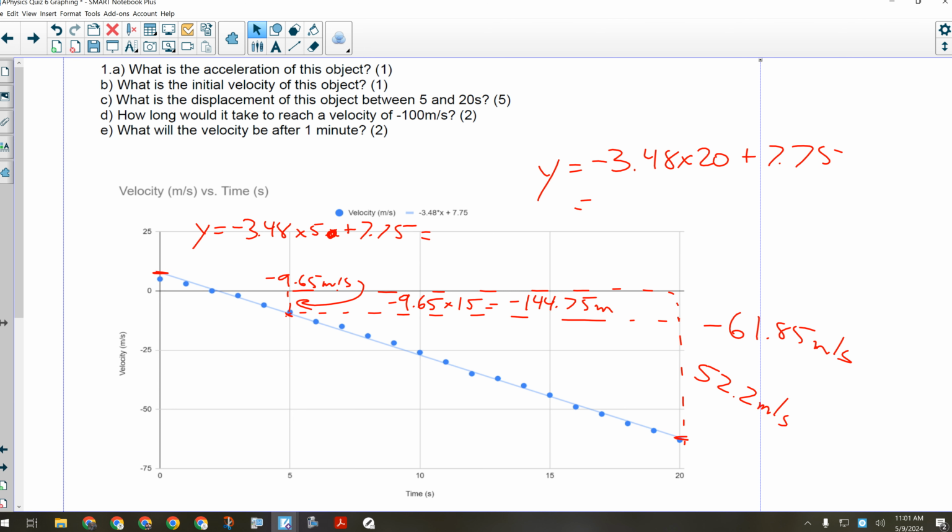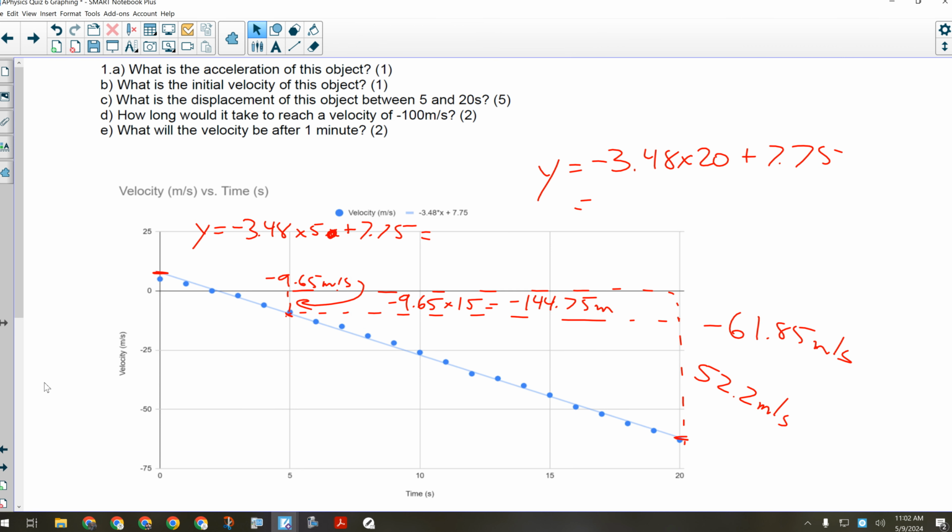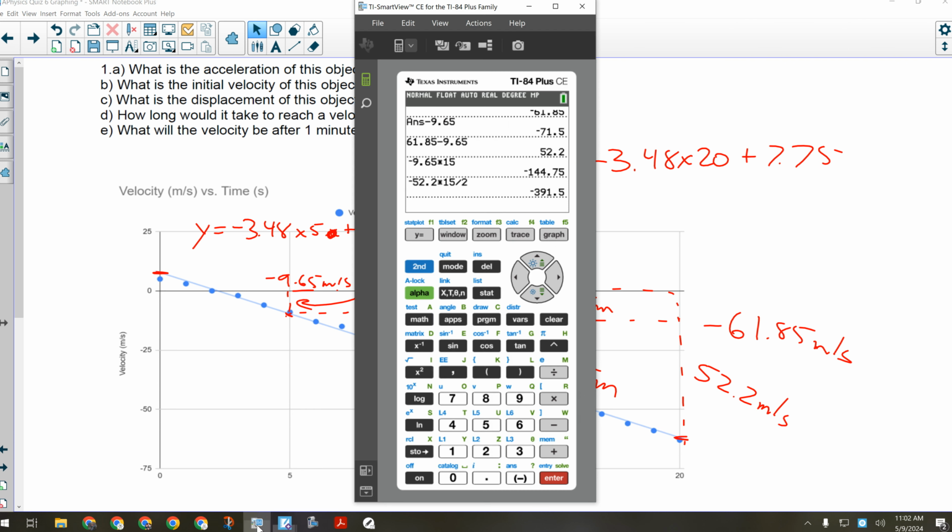Then for the triangle, we take negative 52.2, multiply by 15 seconds, and divide by 2. Negative 391.5, and that's in meters. Then what do I do with those two numbers? Add them up, exactly.